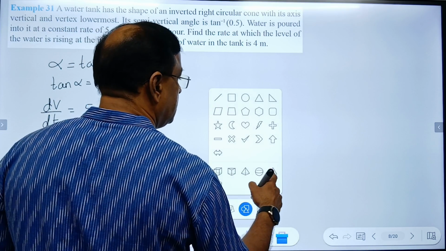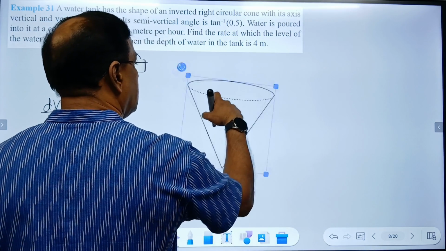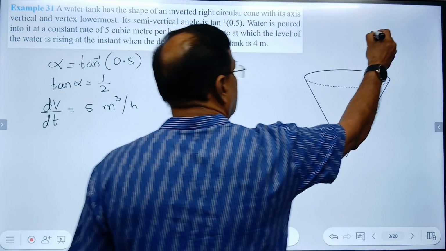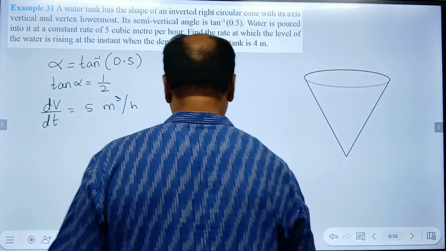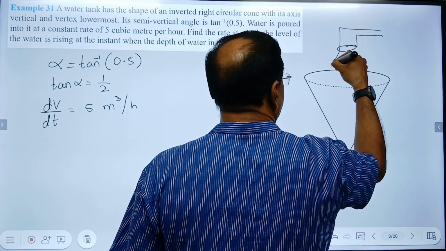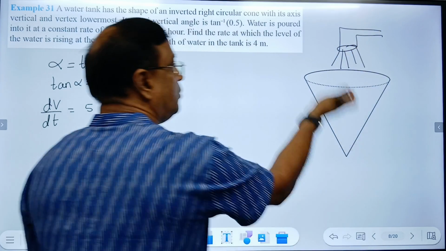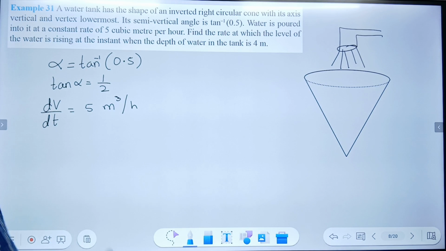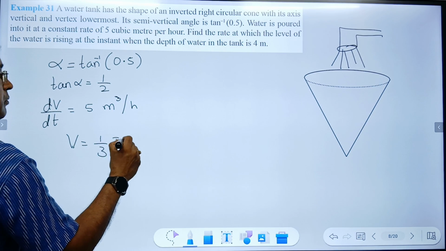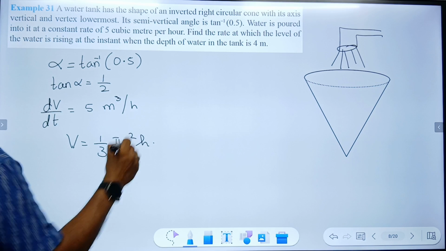Let's have a quick diagram. So this is the water tank and the water is poured into it, maybe from a pipe. The volume is increasing. So what is the volume formula? 1 by 3 pi r square h.